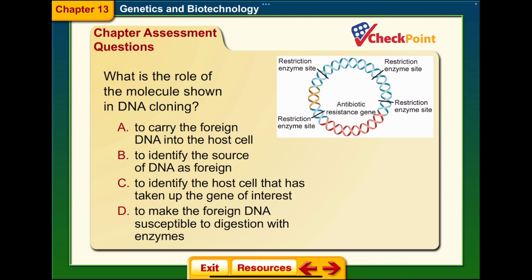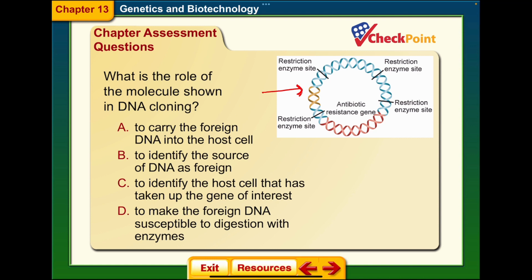Next question. What is the role of the molecule shown in DNA cloning? Is it to carry the foreign DNA into the host cell? Is it to identify the source of DNA as foreign? When they ask what is the role of the molecule shown in DNA cloning, they basically mean this recombinant DNA.